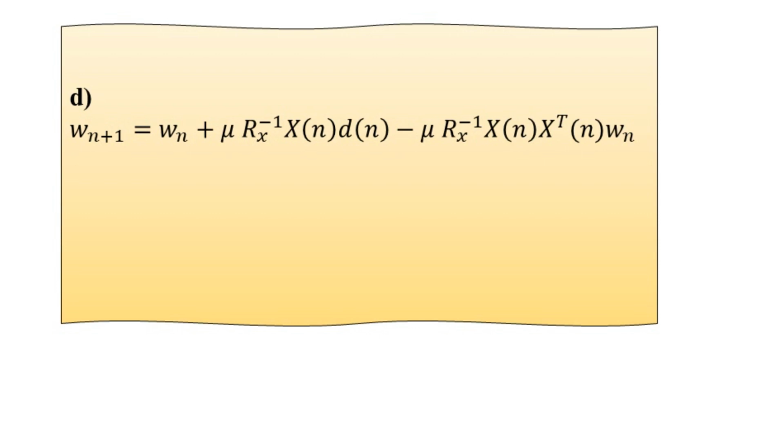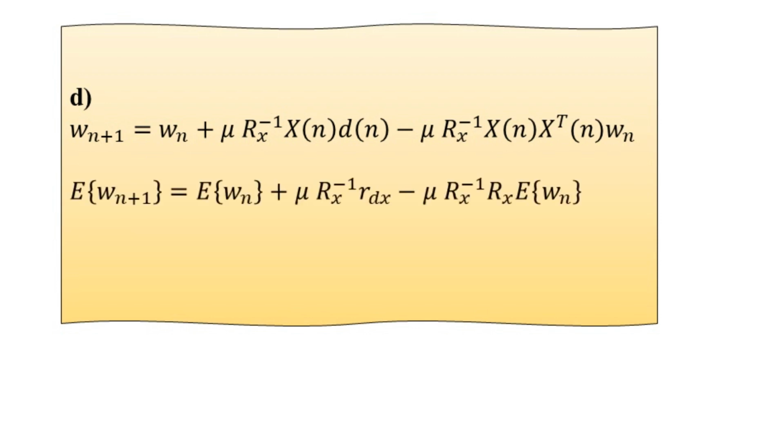Let us make one assumption here: x of n is totally uncorrelated with the filter tap weight vector w of n. With this uncorrelatedness, the expected value of w of n plus 1 is equal to the expected value of w of n plus mu into the inverse of R_x into the cross-correlation R_dx, minus mu into the inverse of R_x into R_x into the expected value of w of n.